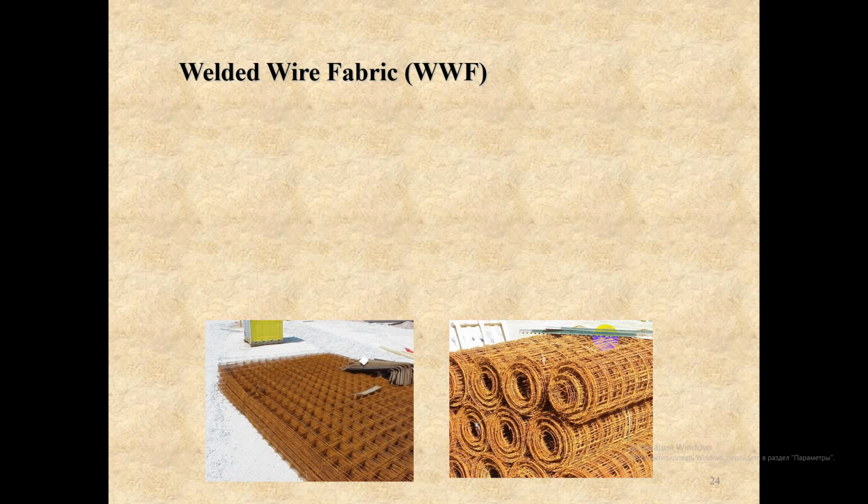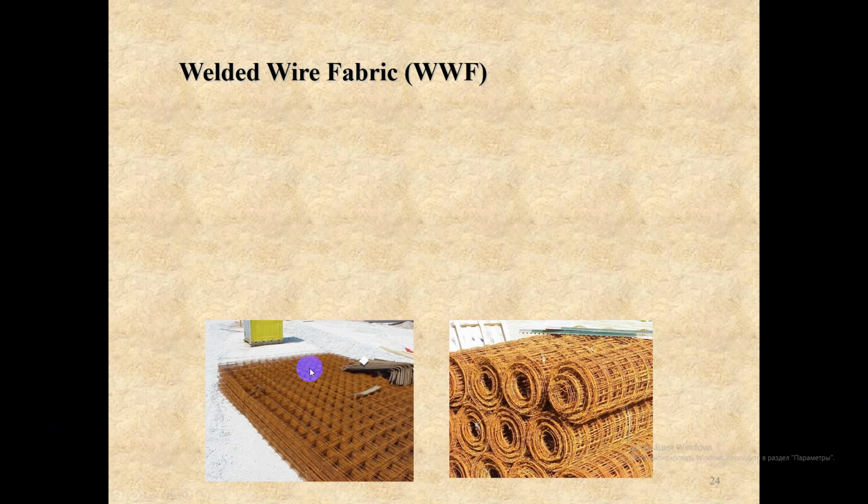Each type has a letter prefix which is followed by a reference number, which is the total cross-sectional area of main bars in square millimeters per meter width. Typical examples of reinforcing bar and fabric we already have considered.